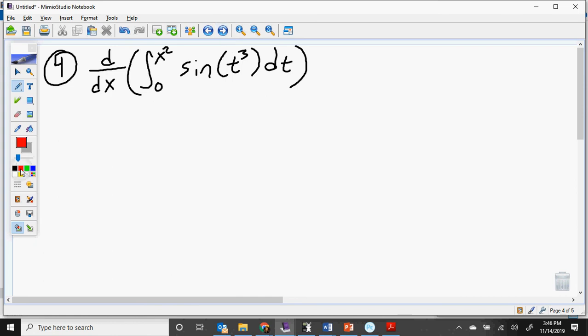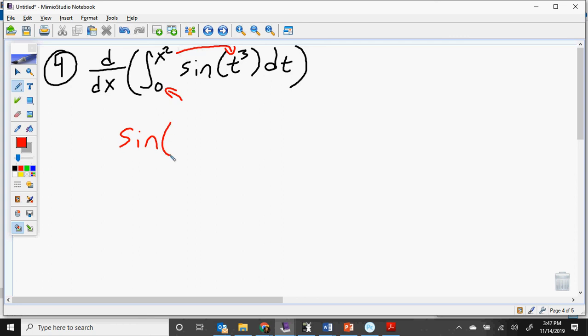And then next, I'm going to do number 4. Number 4 is a lot like the problems we did at the end of problem set 5, in that they're giving me the derivative of an integral, and I do start at 0. Alright, so that tells me I can use my shortcut. So we're just going to take this and plug it in.